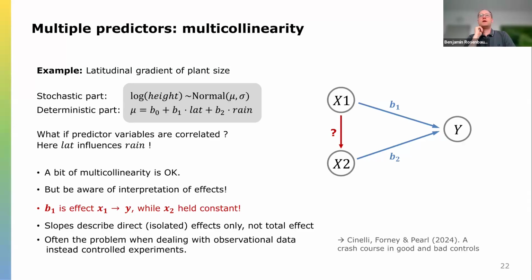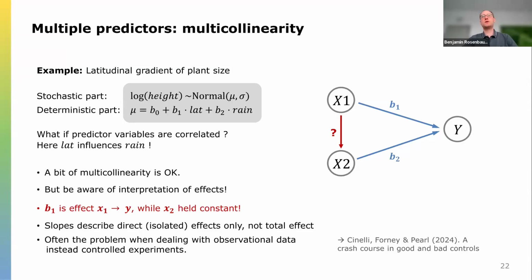So in your model, you must be aware of what kind of predictions you are doing, and that these effects only tell you what happens if I change one predictor while keeping the other one constant.